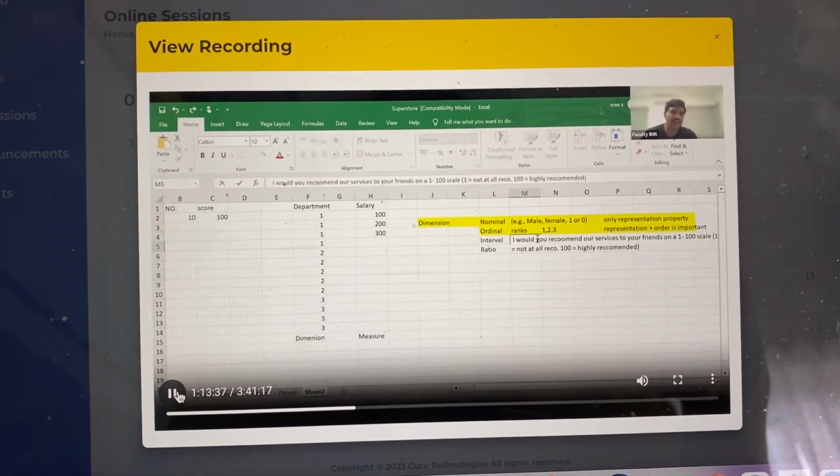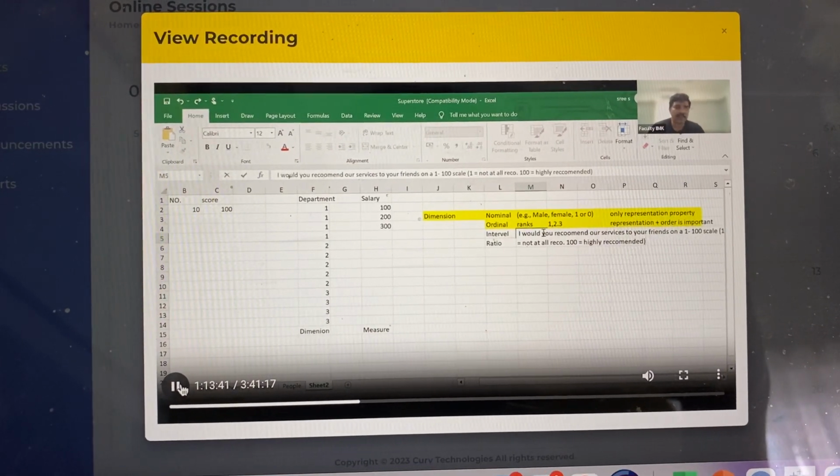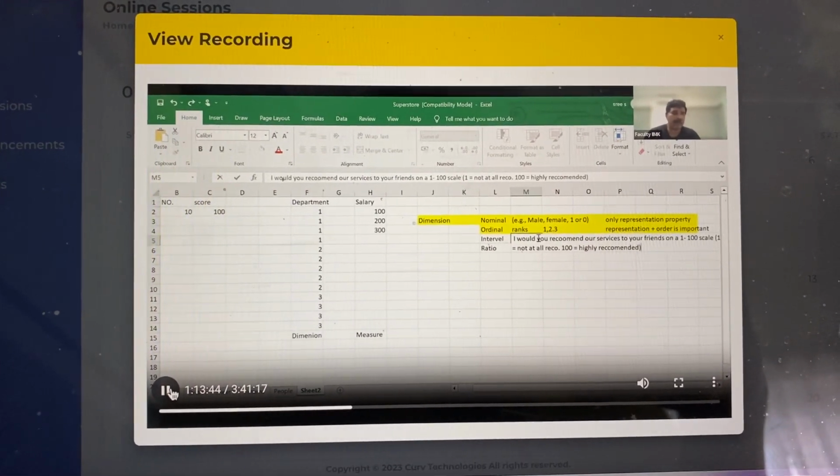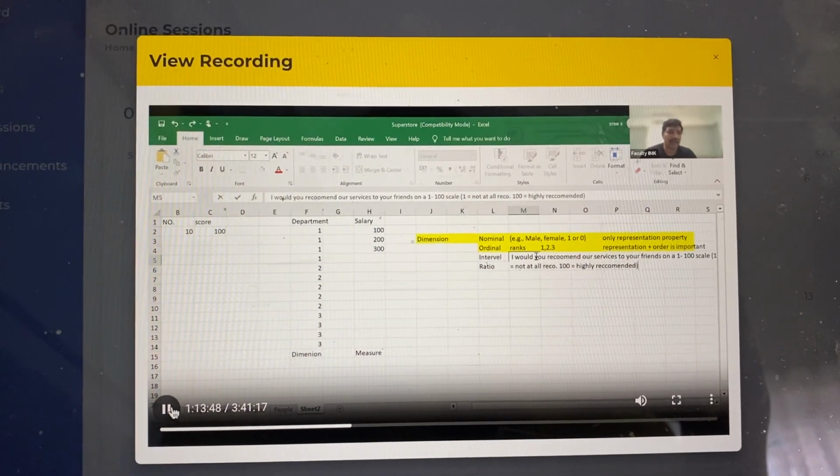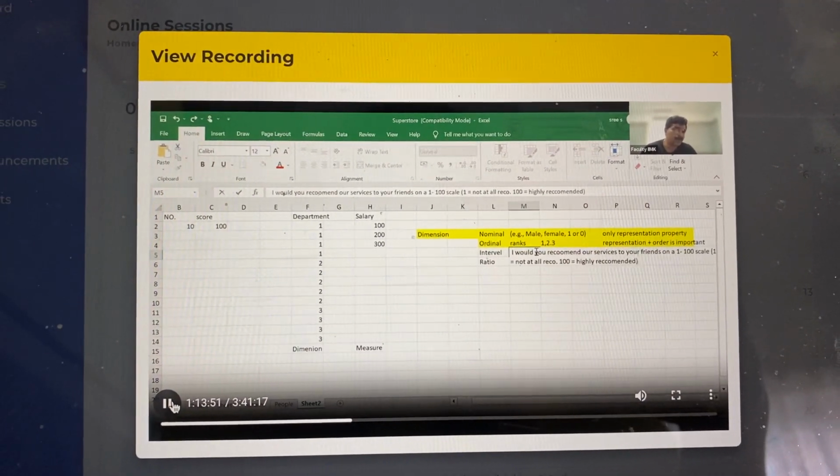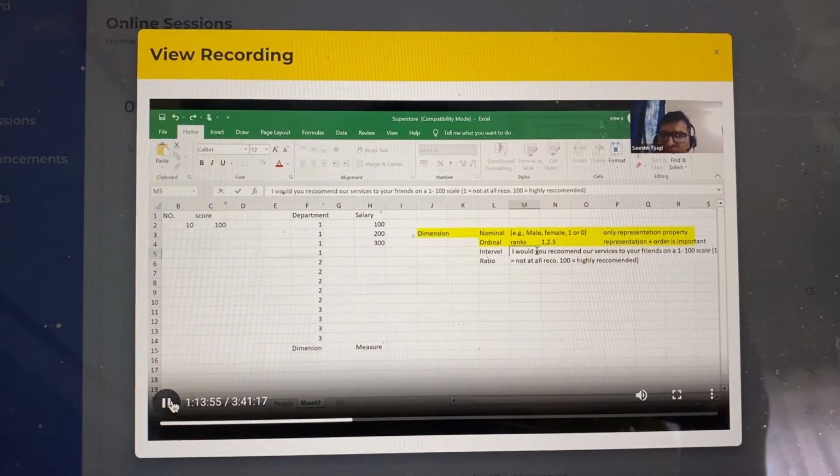If you look at that, it's more of an interval scale. You can select 1, 2, 3, up to 100. A higher value means a higher level of recommendation toward the service provider, and a low value means lower. That number makes sense.